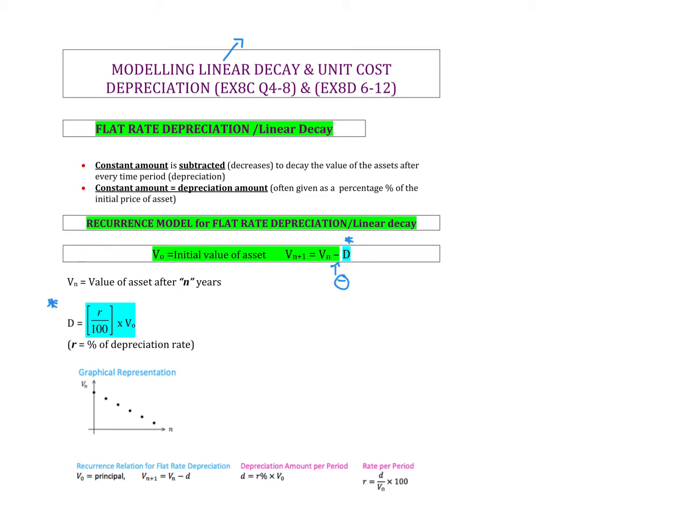Here's the formula where we calculate the D value. Remember they've put the R, which is generally the per annum percentage rate, and VO, which is the initial amount.